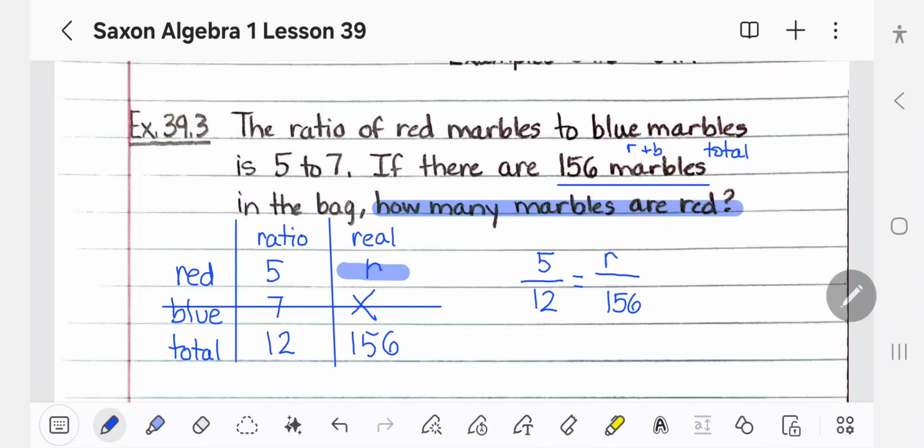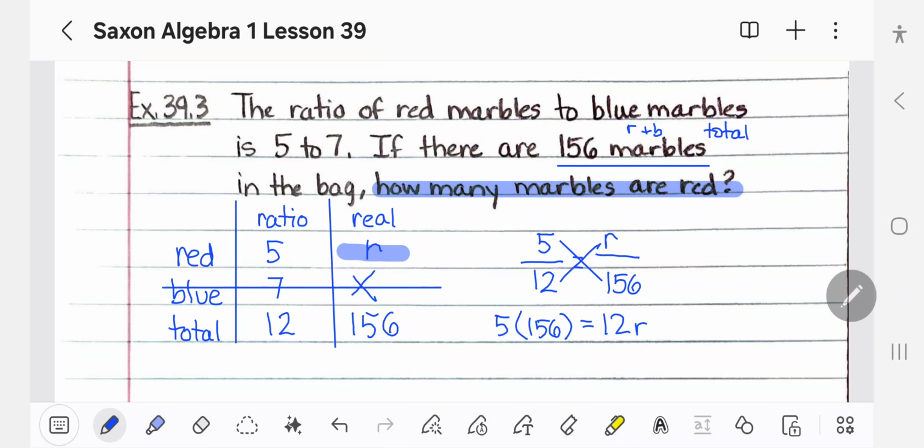So when we have two ratios that are equal, we have a proportion, and that means we can cross multiply. So 5 times 156 has to be equal to 12R. When I multiply the 5 times the 156, I get 780, and that's equal to 12R.